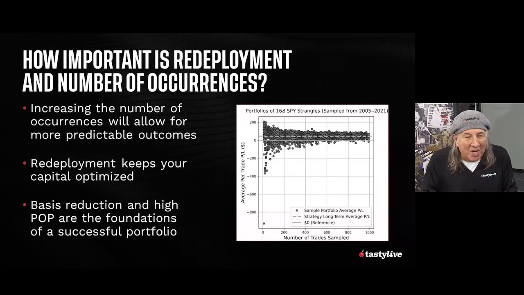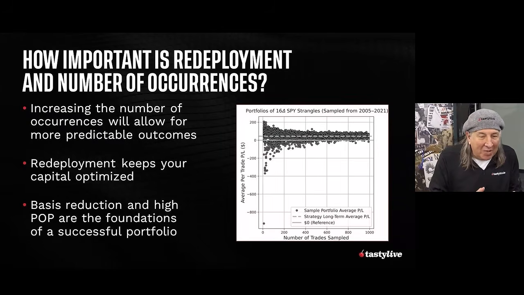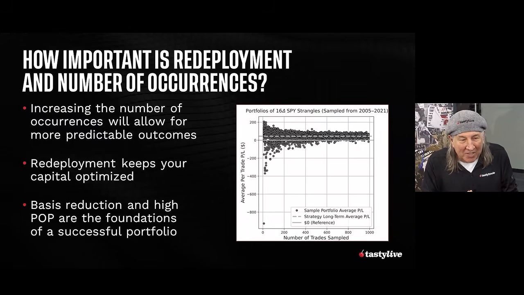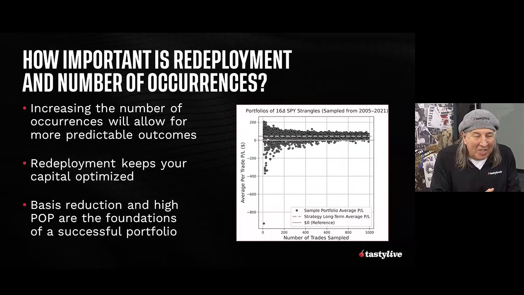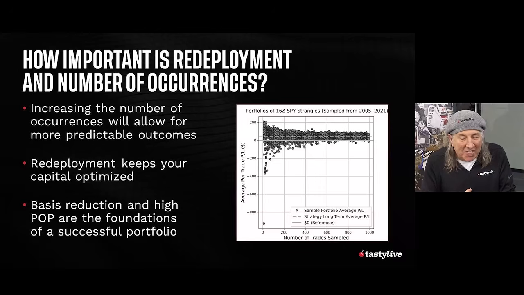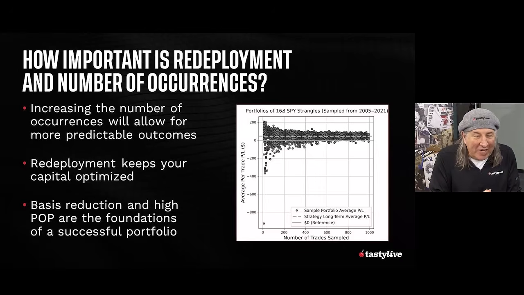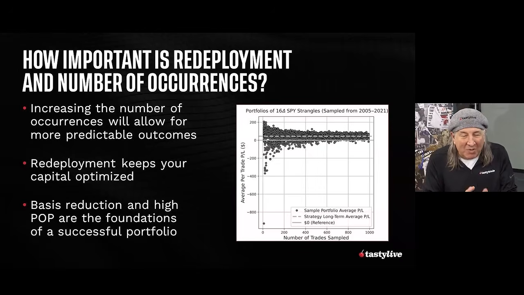So increasing the number of occurrences, whether you log on, adjust a position, close something or reopen, the more occurrences you have to a reasonable number will allow for more predictable outcomes. Redeploying capital, taking your position and redeploying the capital, keeps your capital optimized. So again, basis reduction and high pop are the foundations of a successful portfolio that allow you to redeploy your capital, which optimizes your capital, which makes your results much more predictable.